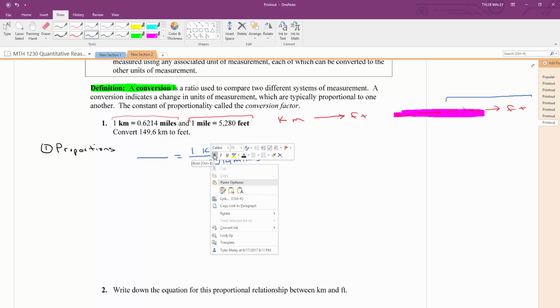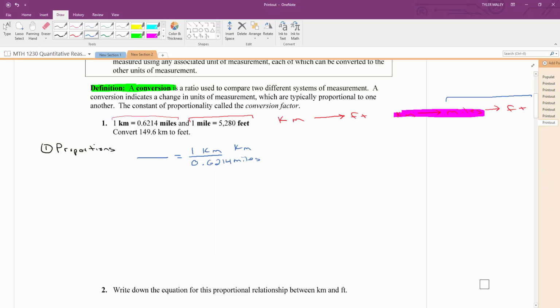Alright, so then what we're trying to do is convert 149.6 kilometers. On this left hand side, I'm going to put the items for the conversion we're trying to do.